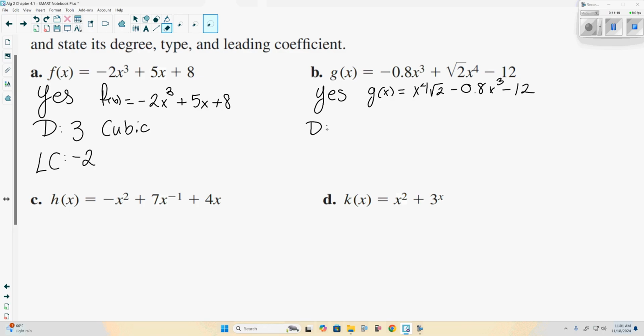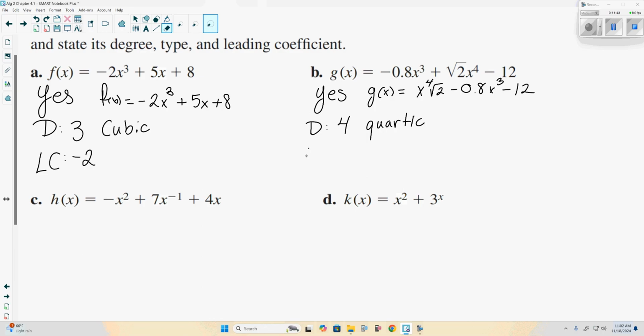Now, what's the degree for this here? The degree would be 4, which is a quartic. Our quadratic is our degree 2. Our quartic.